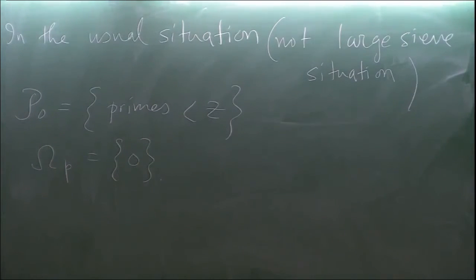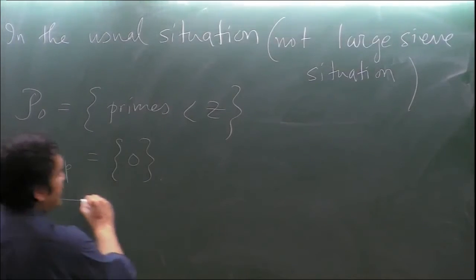Then look at this definition. This is counting those numbers in the set which are not divisible by primes p that are smaller than z. So that means the elements that survive here can only have prime factors which are larger than z. And suppose I am able to take z quite large compared to x to the 1/3, then that means that these integers cannot have too many prime factors. There will be at most 2 prime factors and so on.